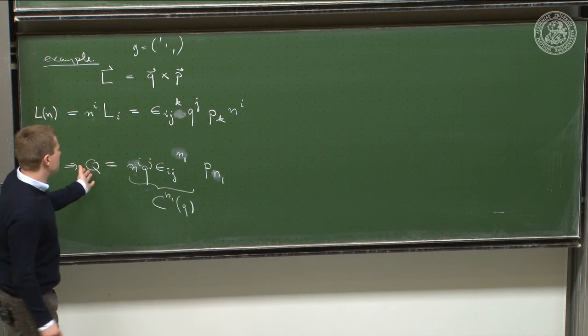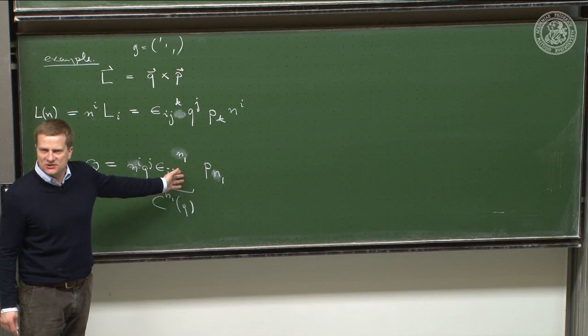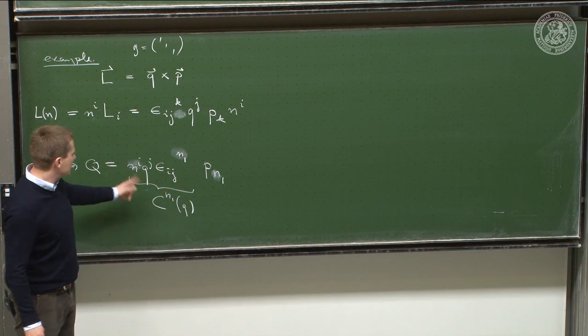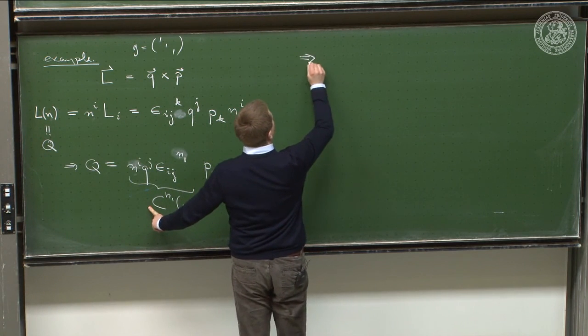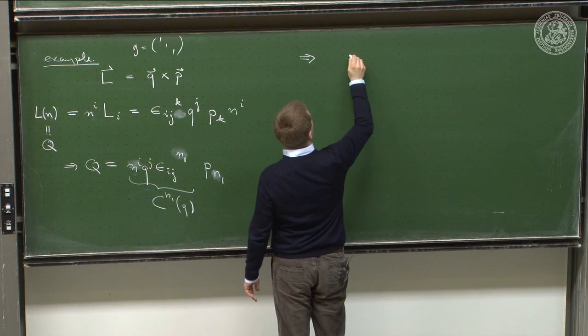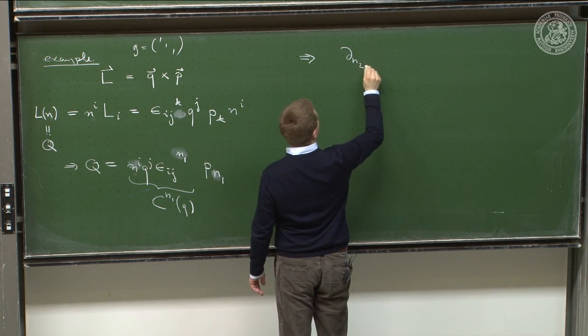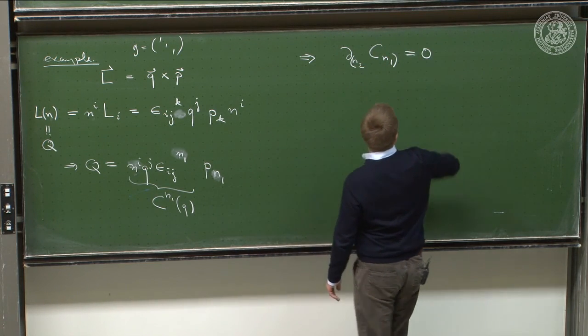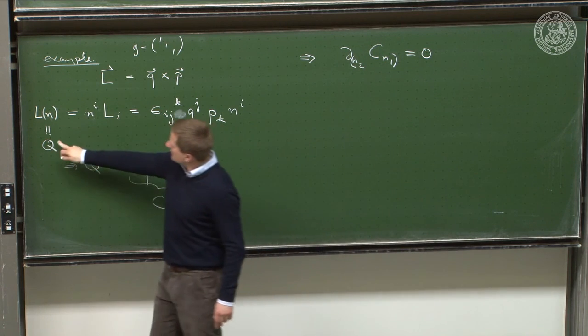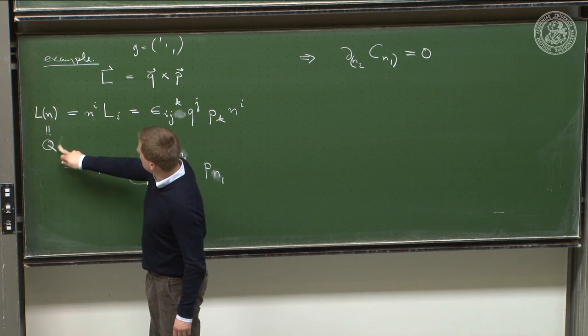So obviously, this is a series that stops. It stops at the next level. So therefore, we know that we need to have that del_{n2} C^{n1} must be 0 if the Q is to be a conserved quantity. At least we can let it stop there.